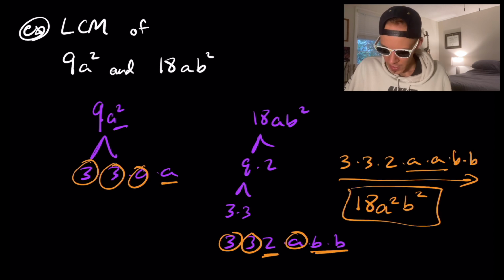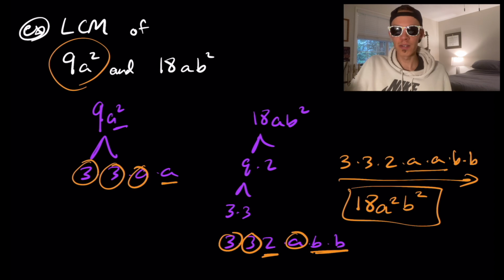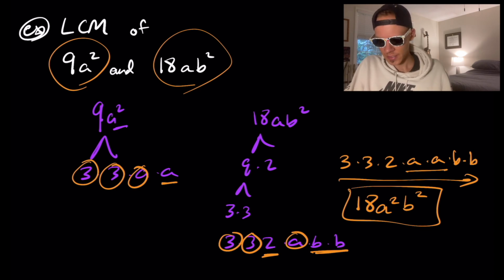So again, even though this term, the 9a squared, didn't have a b squared, and this 18ab squared didn't have an a squared, both a squared and b squared showed up in our answer. And again, plug in numbers to see that it does work this way. Kind of a tricky concept, but the more of these that you do, the easier it gets.